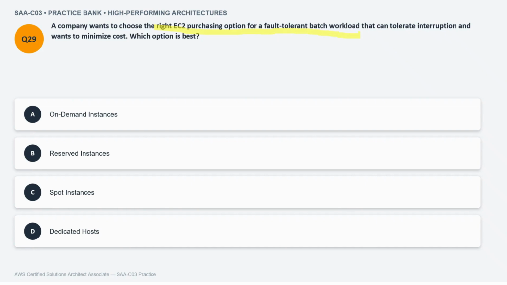So here we are purchasing for a fault tolerant batch workload that can tolerate interruption. So we can go with the spot instance, because spot instances offer the deepest discount for interruption tolerant workloads like batch processing, at the cost of possible reclamation by AWS with short notice.